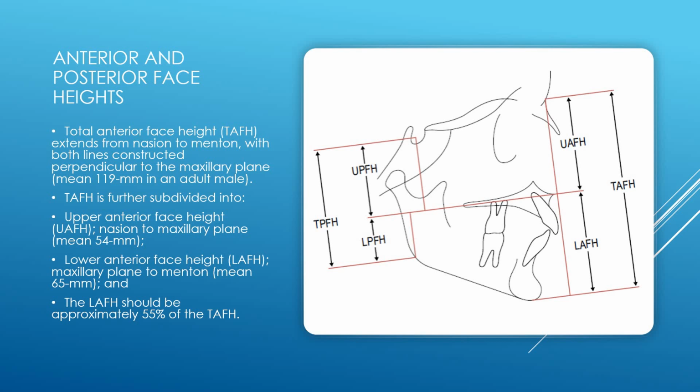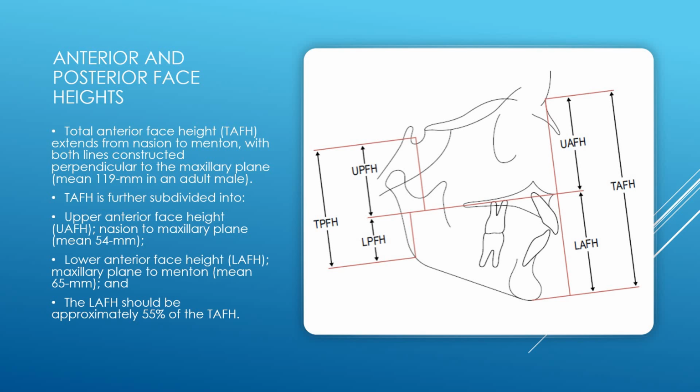It should be noted that total posterior facial height, unlike the total anterior facial height, is influenced by a particularly superior or inferior position of sella, and this will affect the ratio of posterior facial height to anterior facial height.